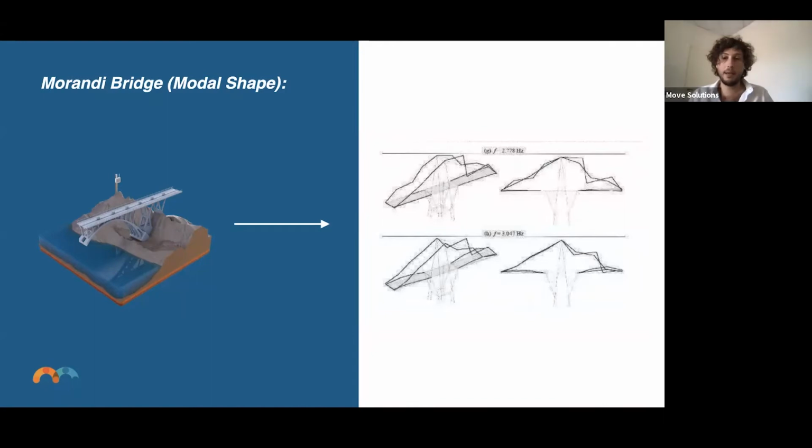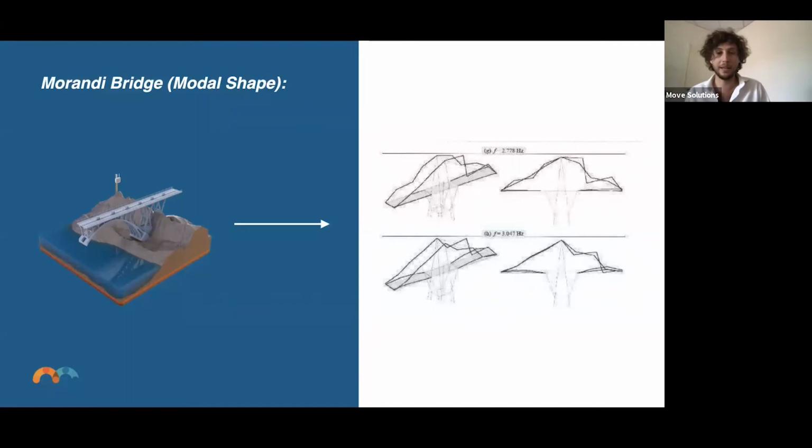So if I have a structure with a problem, I would see that, as in this case, and you can see from the picture that the modal shape along this bridge is completely asymmetrical. It's not symmetrical.